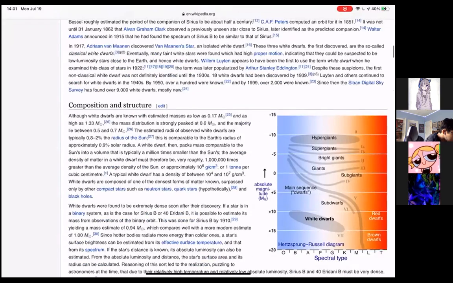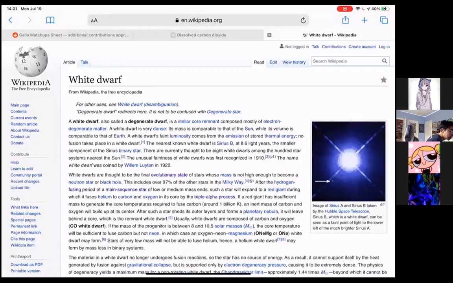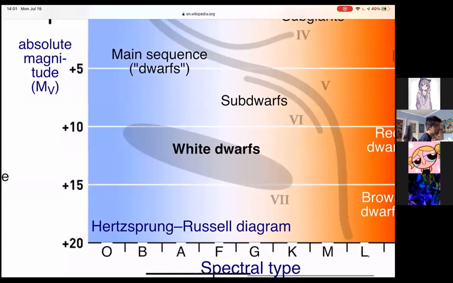Let's come here. So this is yet again our HR diagram. White dwarfs actually have a spot on the HR diagram, which is right here. The reason it's there is because they start out really, really bright, nice and hot, over here. Over time, they begin to cool down.